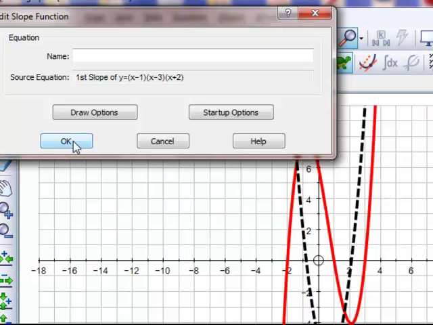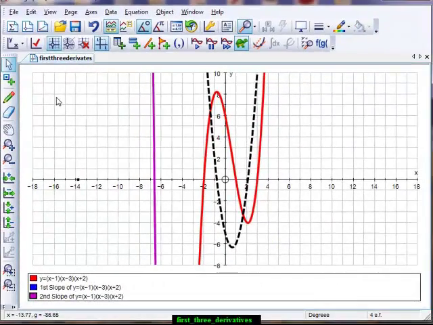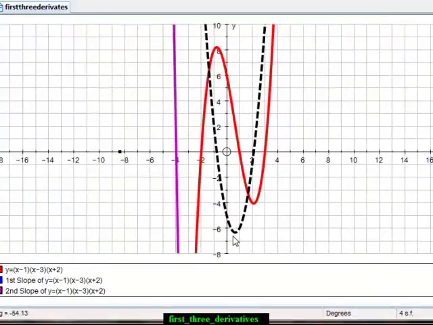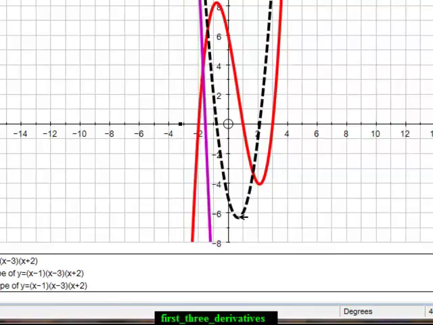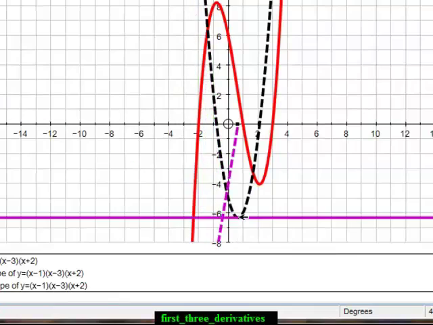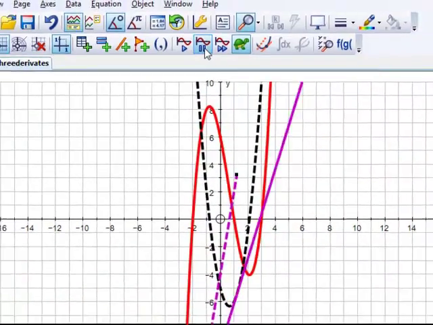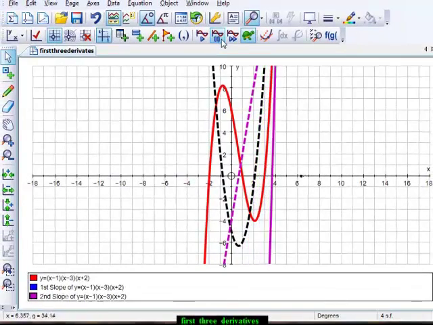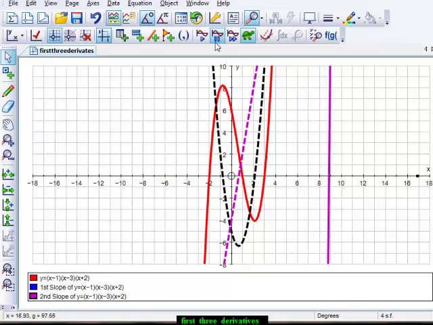Again, it'll stop at any stationary points, and it'll stop at this point down here because of the point of inflection. Continue, and we get a straight line graph, and that could also be found by finding the second derivative.